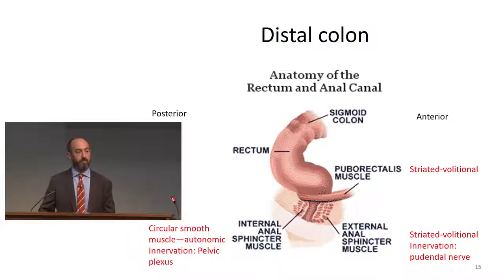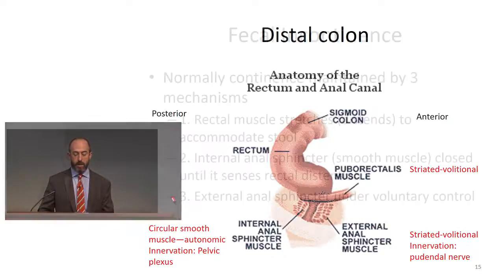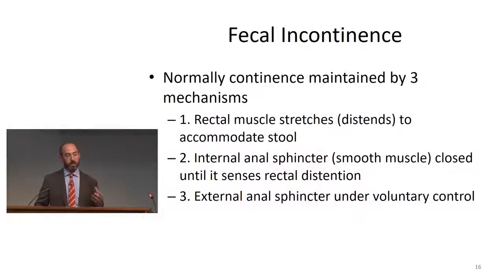And essentially that filling enables us to maintain continence and to have fewer bowel movements during the day. And then we maintain our continence through two muscles right at the last part of the rectum, which are the two anal sphincters: the internal anal sphincter, which is made of smooth muscle, and then the external anal sphincter, which is made of skeletal muscle. And in scleroderma, because of fibrosis of these muscles, a frequent symptom is fecal incontinence.